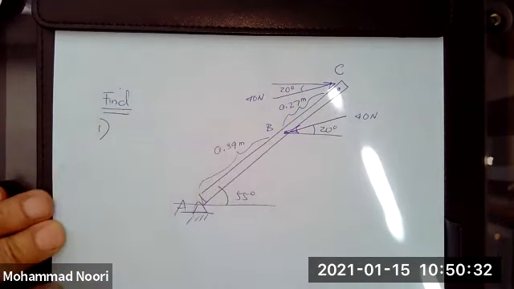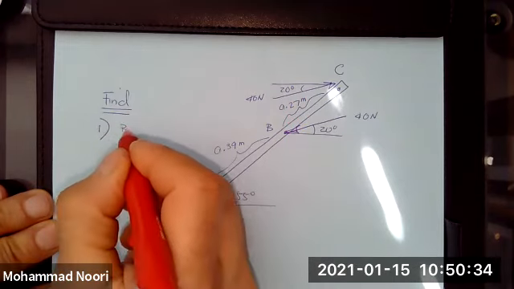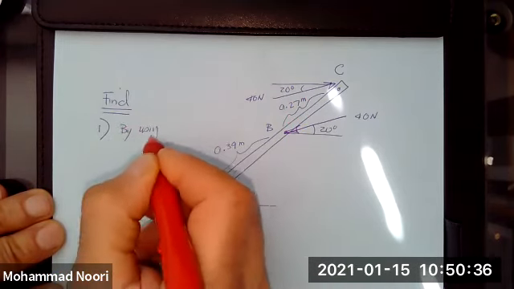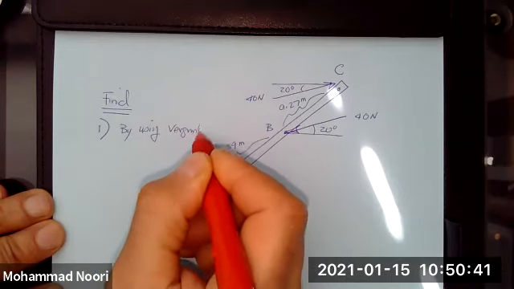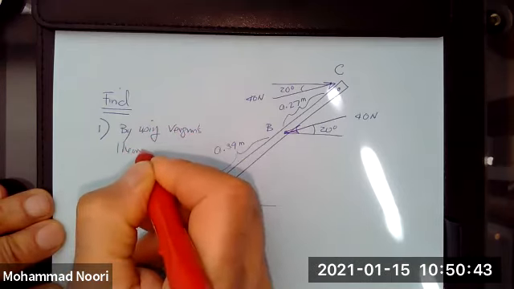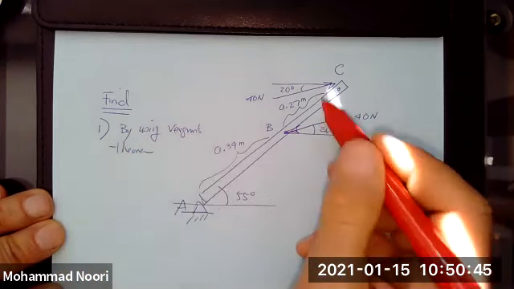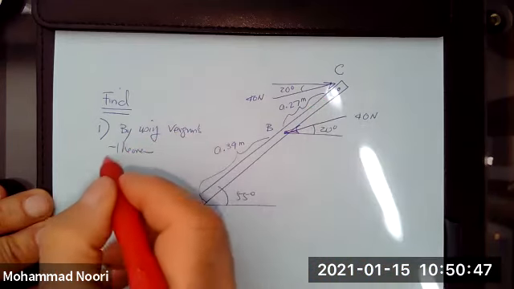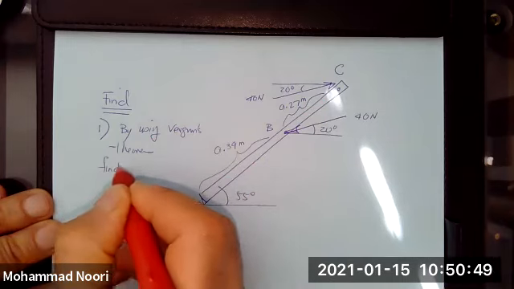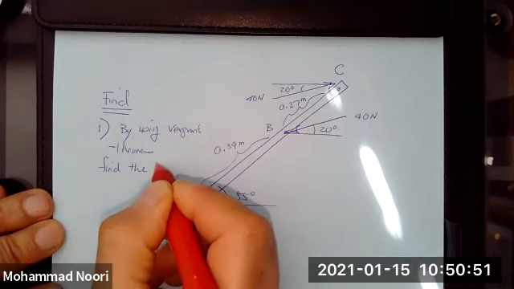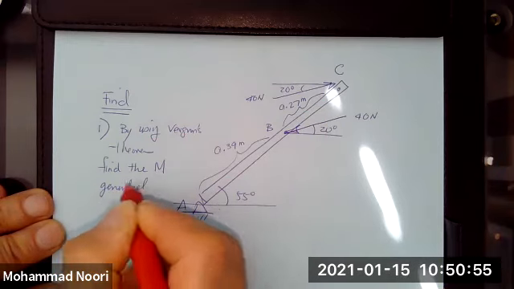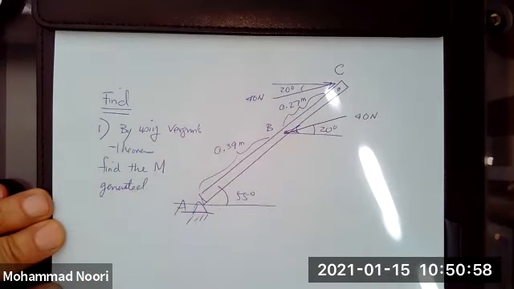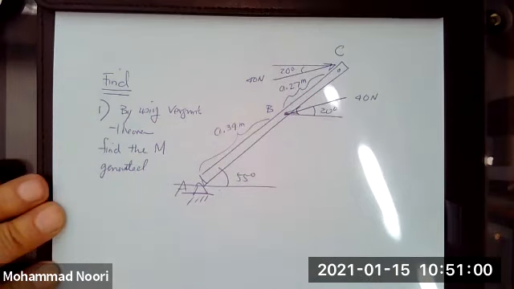One, by using Saint Varignon's theorem, that is by resolving these couples into their components, find the moment generated by this couple system. This is part one of the problem.